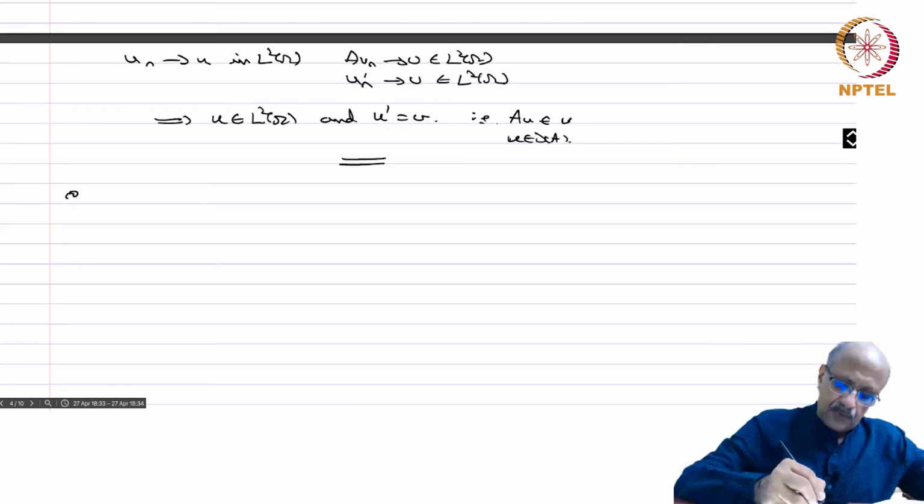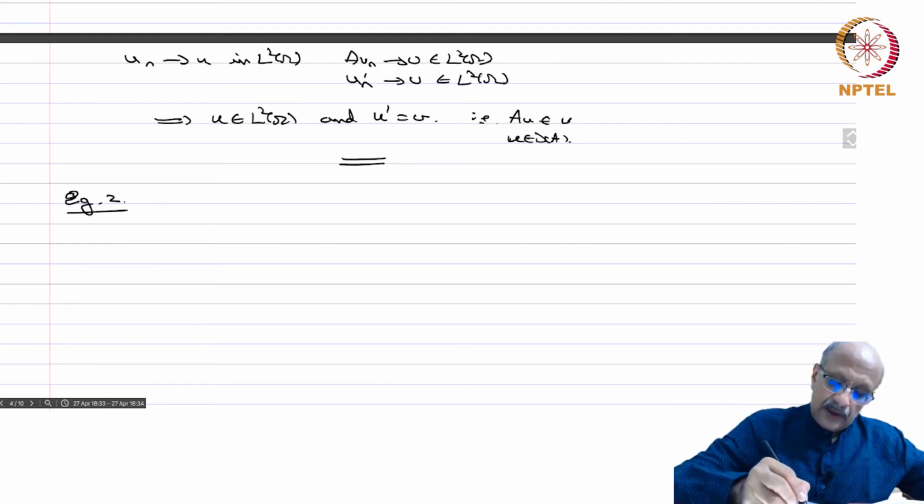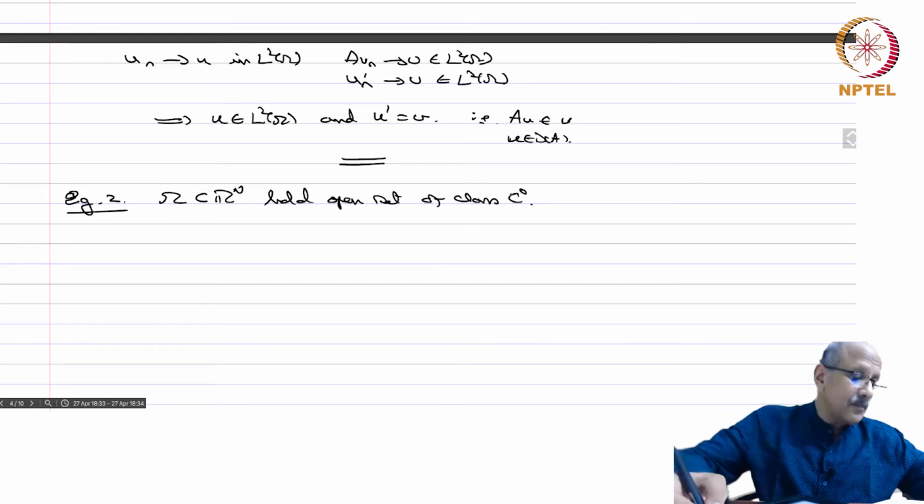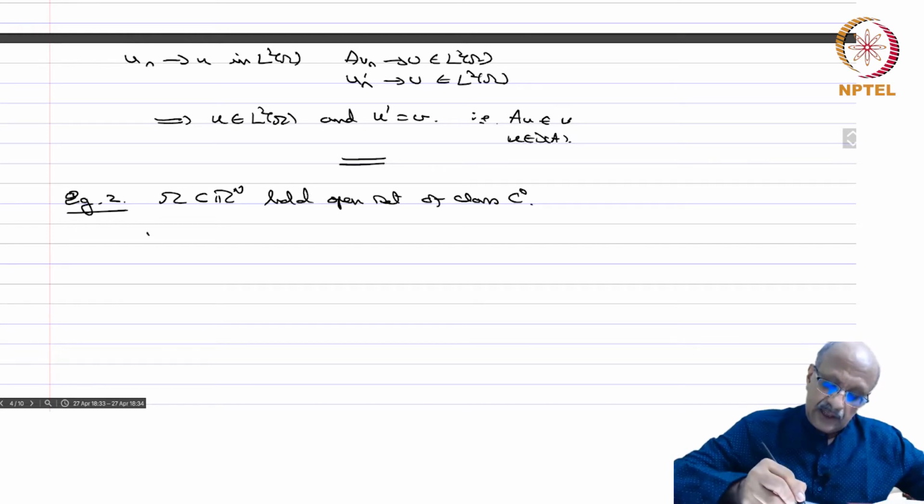So, second example. Again omega in Rn, now a bounded open set of class C0,1, and again we take V equals W equals L2 of omega.